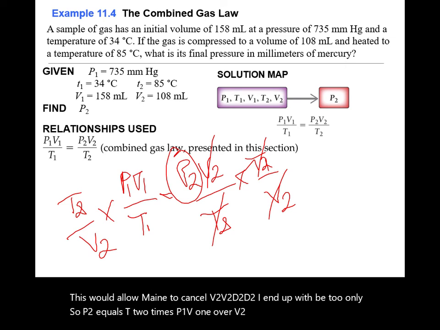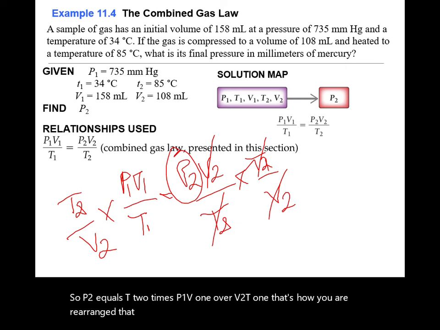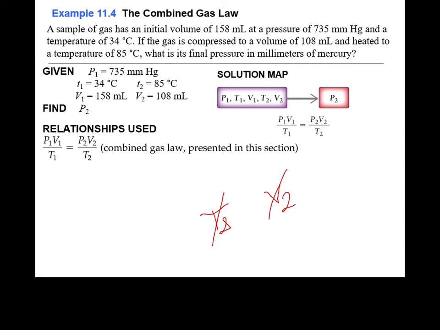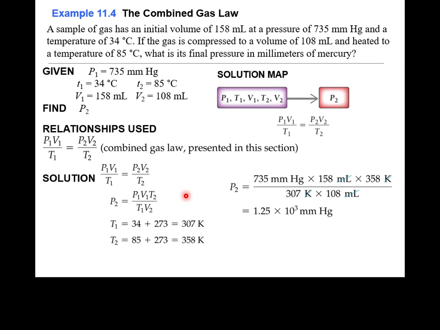That's how you rearrange that equation. So we end up with P1 V1 T2 over T1 V2.